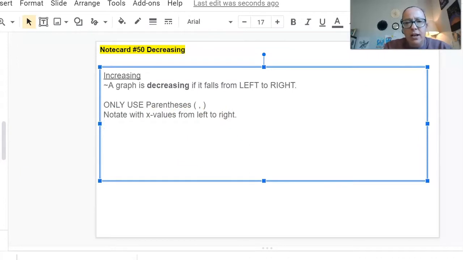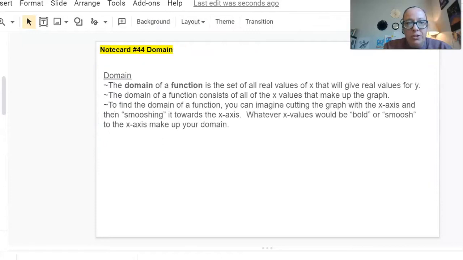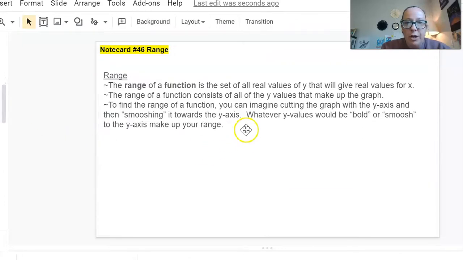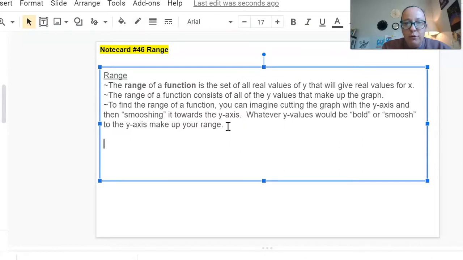Pause me if you need to get caught up there, because I'm going to go to some other former note cards that we did. I want to go back to the domain. I want you to go to note card 44, and I want you to add that we notate with x values from left to right. Okay, pause me if you need to. And then I want you to go to range, which is note card 46, and I want you to add that we notate with y values.